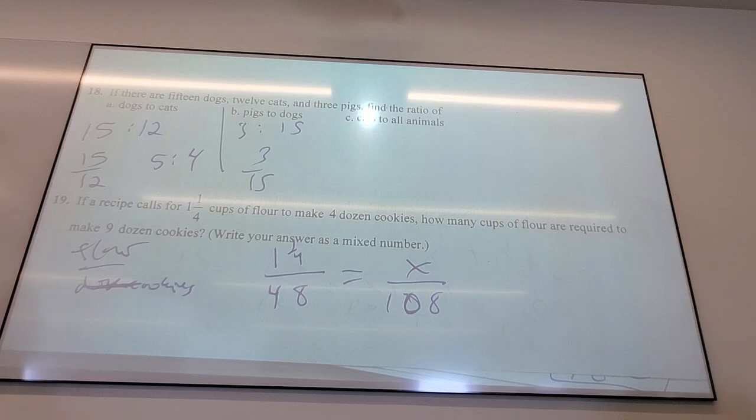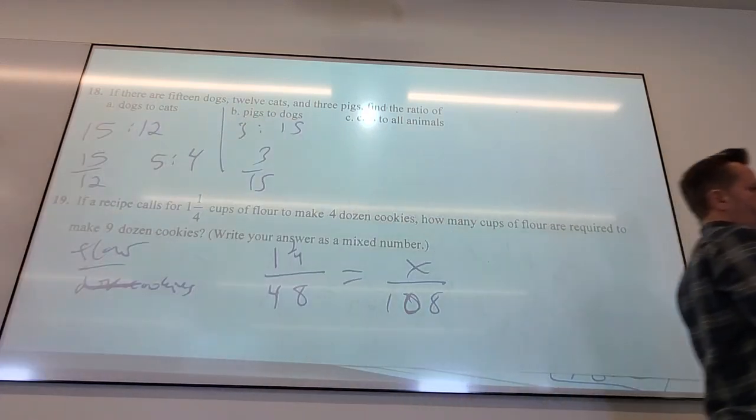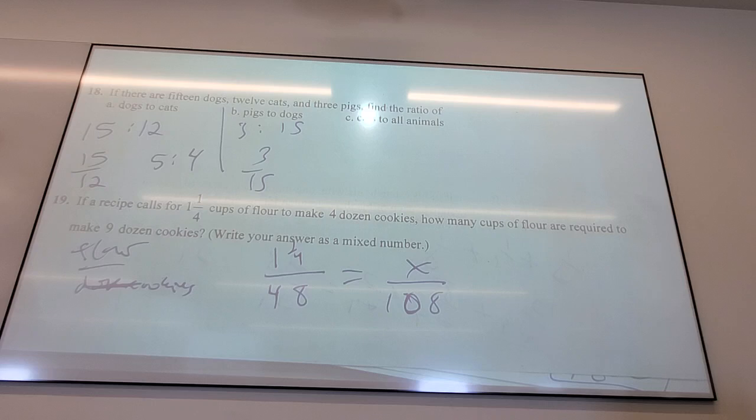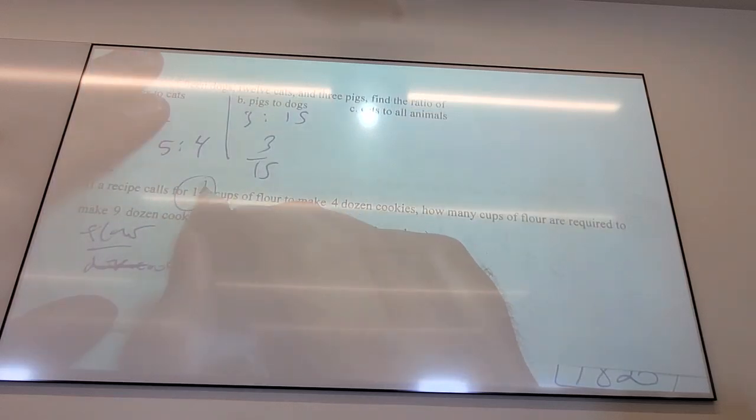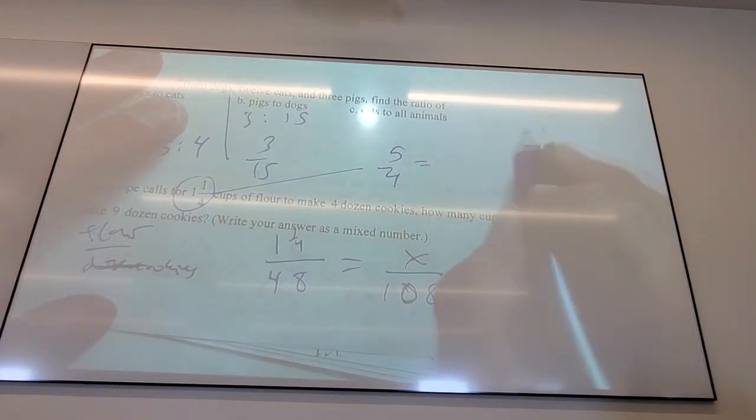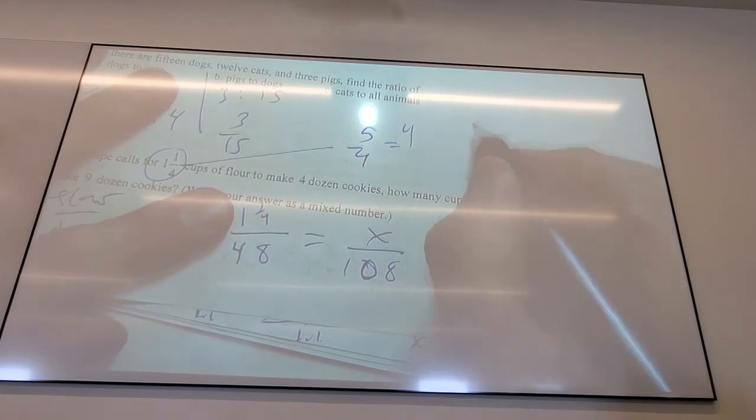So what did you do then? So then I just did long division to find out how much flour I would need for one dozen cookies. So I did 1.25 divided by 4, and I realized that I needed 5/16. So really quickly, 5/4 is 4 dozen.